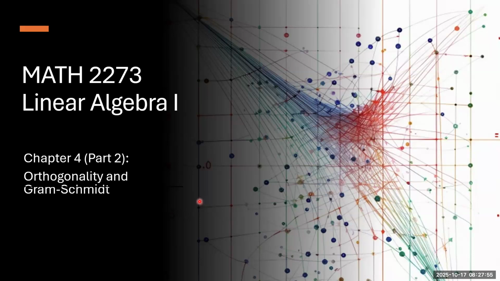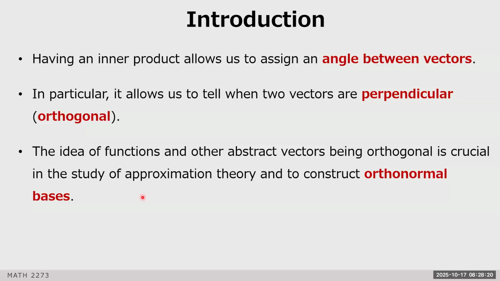And the norm allows us to assign a length or a magnitude to our vector. And it doesn't matter what the vectors are, the inner product and the norm will do this for us. So what could we do with angles and length? Okay, so we're going to look at two examples of that. One is orthogonality, and the other is something called the Gram-Schmidt process, which is very useful in maths, in science, in computer science. They use that stuff all the time.